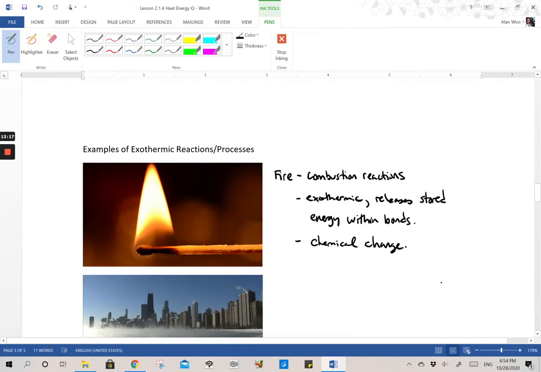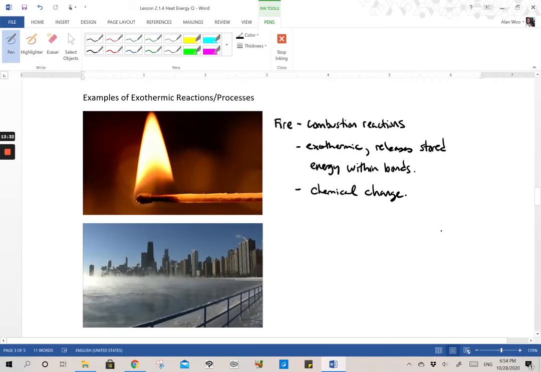But not all exothermic reactions have chemical change properties. Okay? We also have exothermic reactions based in physical changes and physical properties. So when we look at our next example, look carefully at what's in the image. We can tell that there's a large body of water, and there seems to be some kind of gas coming from its surface.